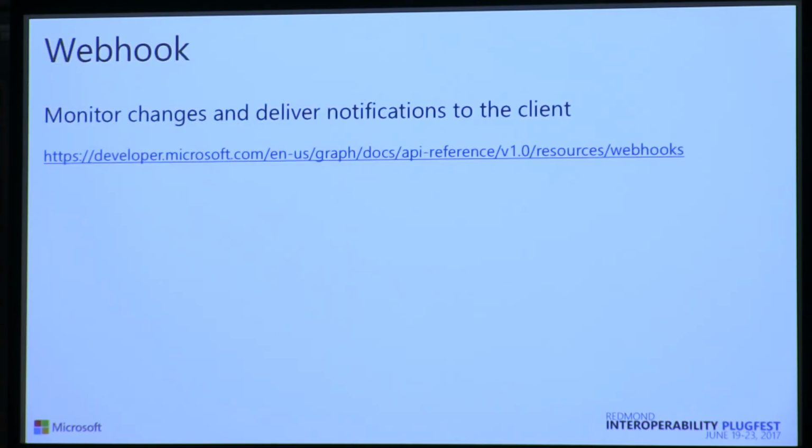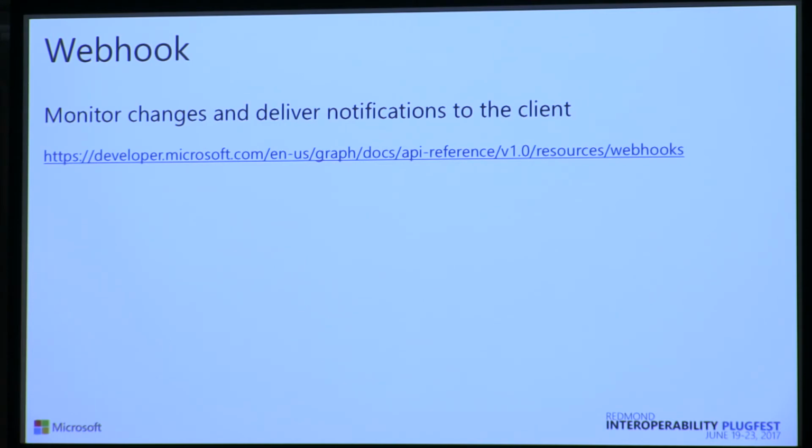And the next part is the webhook. We also provide webhooks for Microsoft Graph. For example, think like you want to build an email client for Office 365. How do you know there's an email coming in? If you just use REST API, you probably don't know, because REST API doesn't support real-time things.